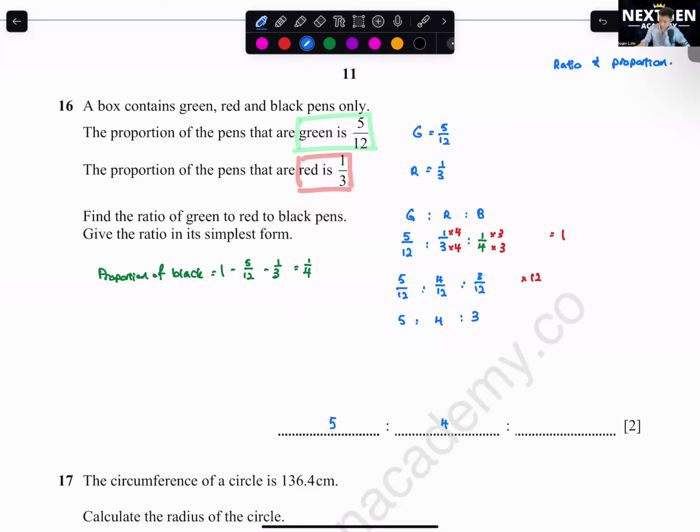Okay, 5, 4, 3. Tricky question. Few more to go. Let's finish this up.